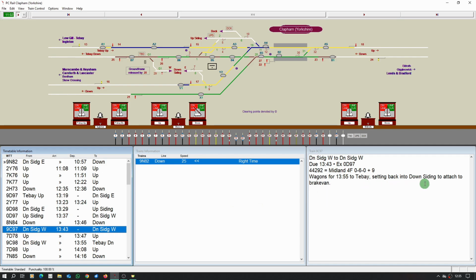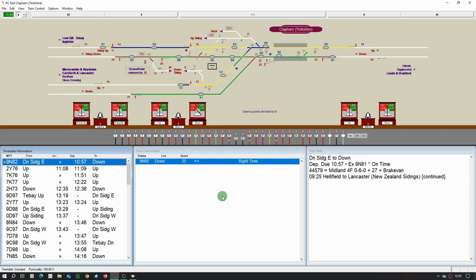Oh, setting back onto downside in to attach the brake van. Right. Have to carry on with this and see how this move does. I can do that on my own. I don't want to make this video too long.